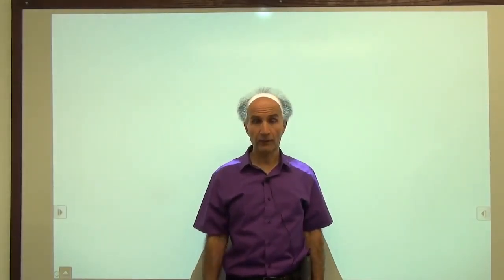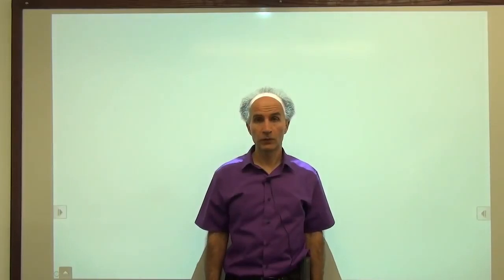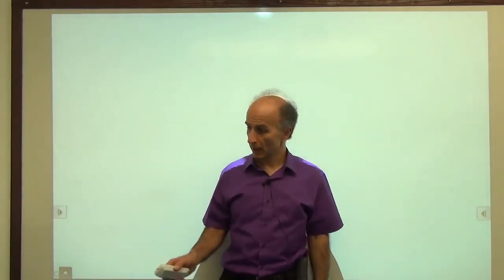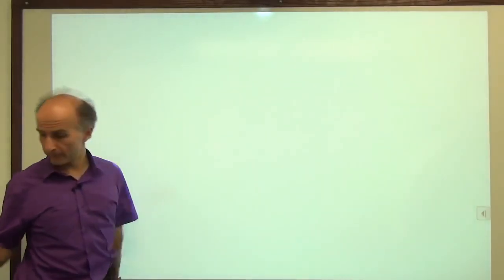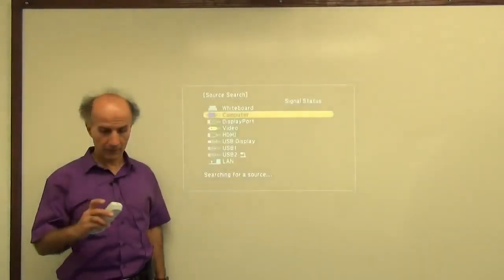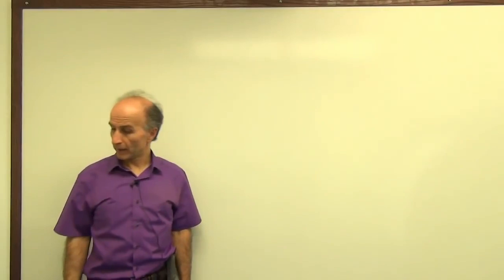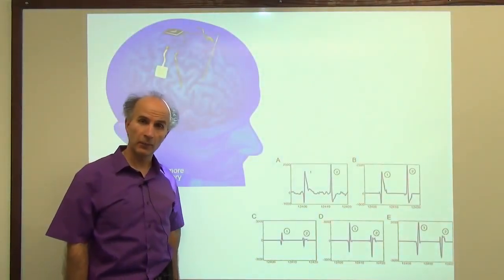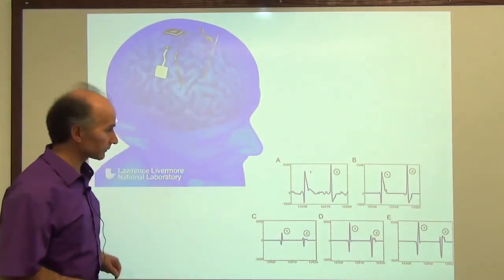So today I'll show you an example of what we do to monitor the brain activity of patients. Here you can see how we can measure the brain activity of a person.